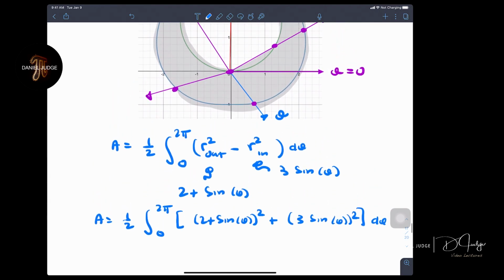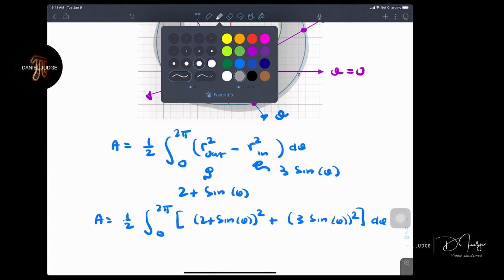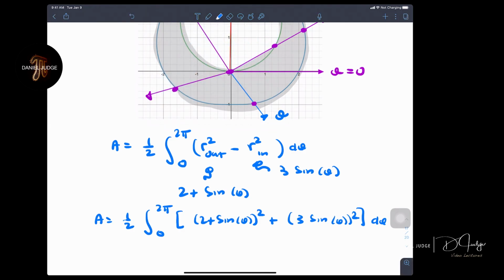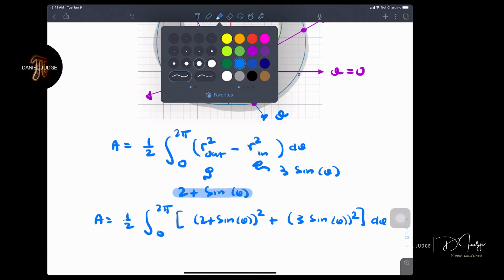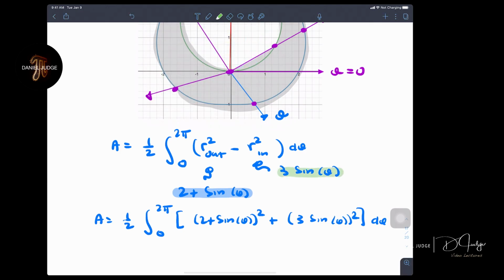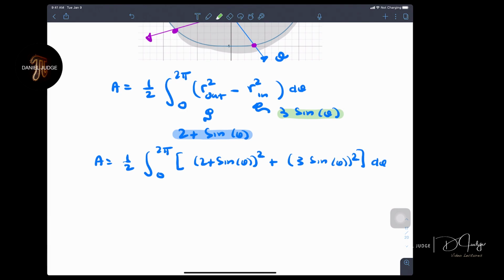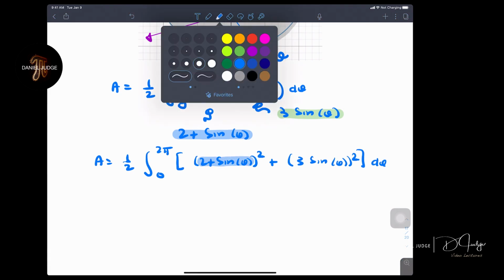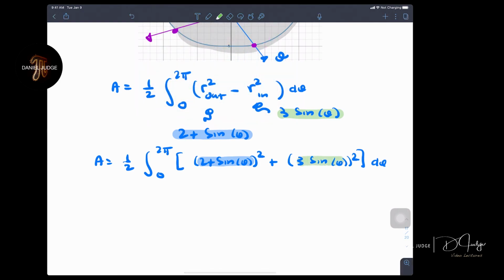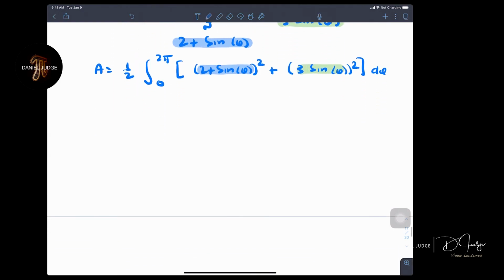So if you want to do the blue-green colorization here, this is what I mean. This is my blue curve, and this is that green curve, 3 sine theta. So we'll have to square. Use FOIL here, and just square over here. One half, 0 to 2 pi.